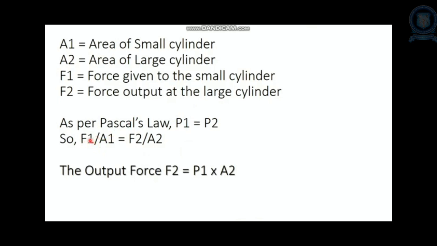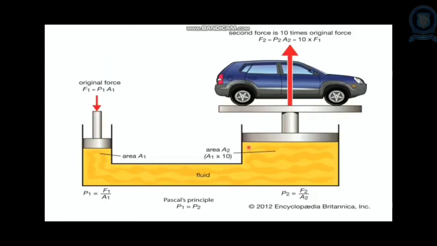So F1 by A1 is equal to F2 by A2. So the output force at the large cylinder is F2 equals P1 into A2, otherwise F1 by A1 into A2. Depending upon the area available in the large cylinder, we get the multiplication of force.